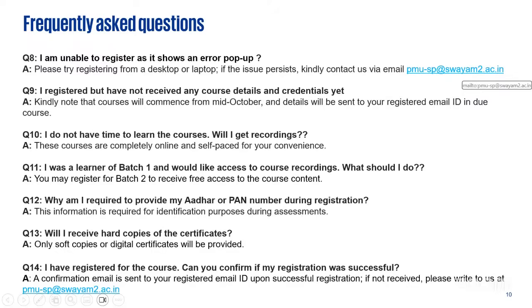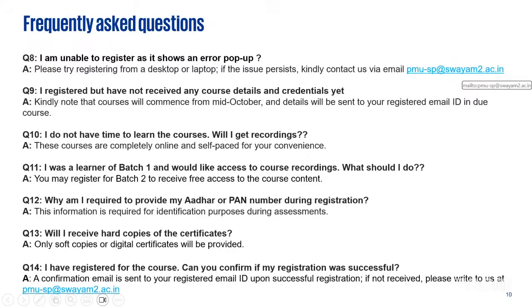The last question that we receive very often, I have registered for the course. Can you confirm if my registration was successful? Please note that once you register on the portal, a confirmation email would have been sent to your registered email ID, and that is the proof that you have successfully registered for the course.